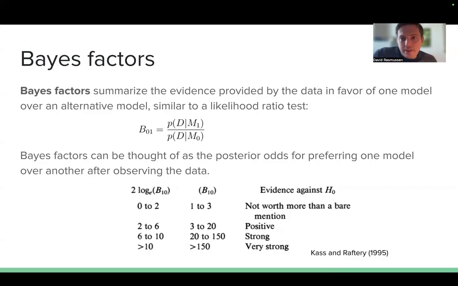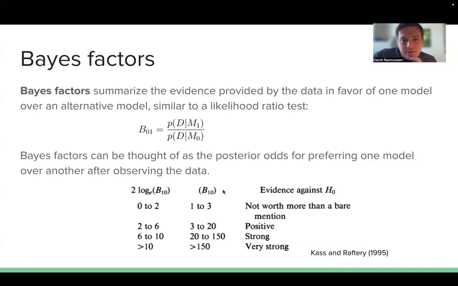But the interpretation of these Bayes factors is really straightforward. Basically, we can think about it as a posterior odds for preferring one model over another. So if a Bayes factor is 2, we would know that the probability of model 1 being correct is twice as high as the probability of model 0.